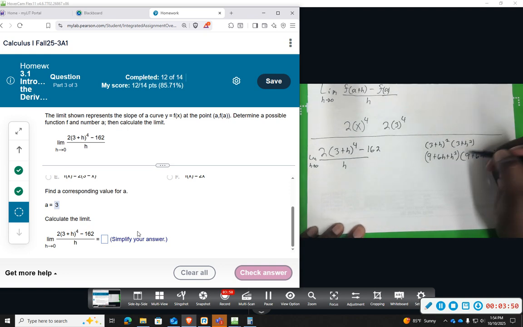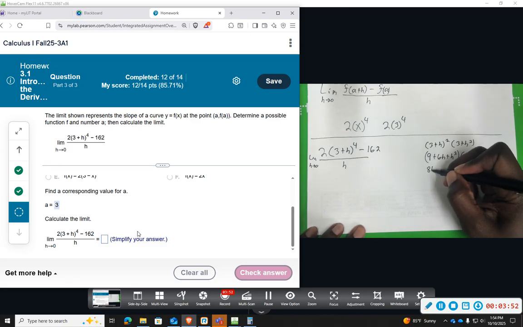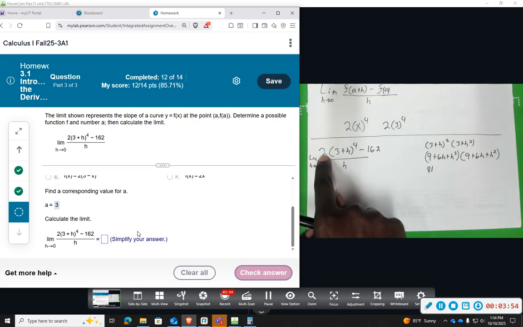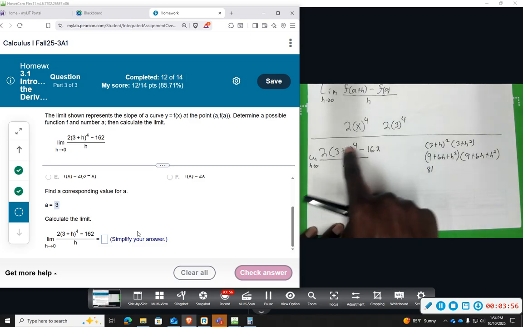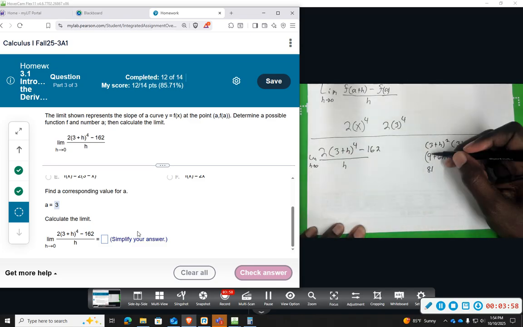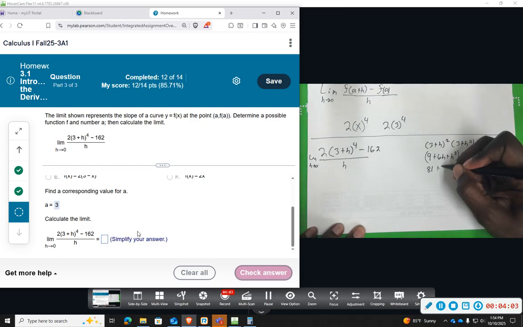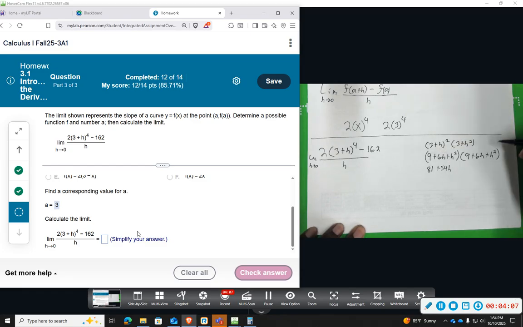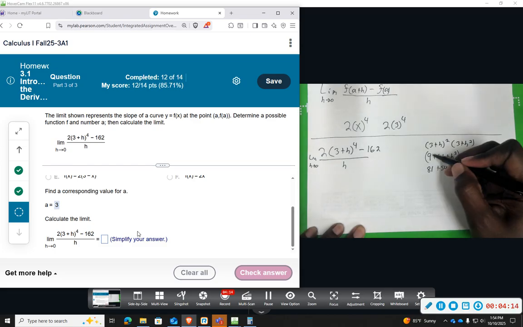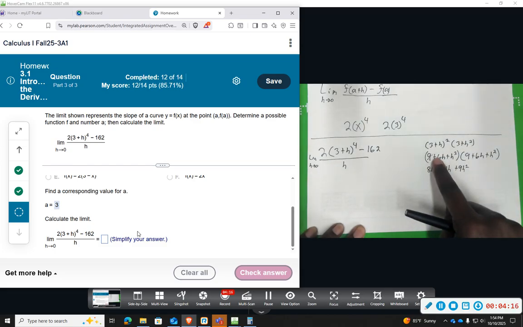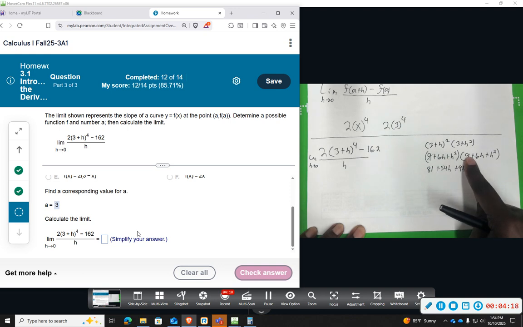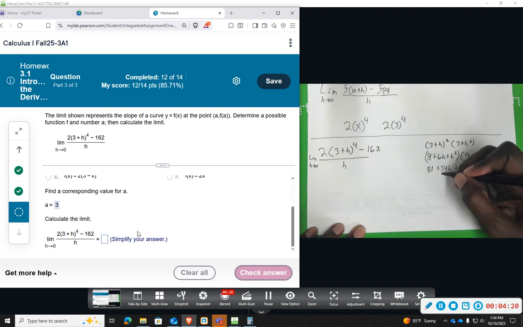And then I'll just distribute here. And so we'll get 9 times 9, that will give me 81. Now remember, we have a 2 out front of this, so I'm just doing the 3 plus h to the 4th part. 9 times 6h, that will give us plus 54h. And then 9 times h squared, 9h squared. Okay, so I've multiplied 9 times everything. Now I'm going to do 6h. 6h times 9, 54h. I'm going to put it with this like term.